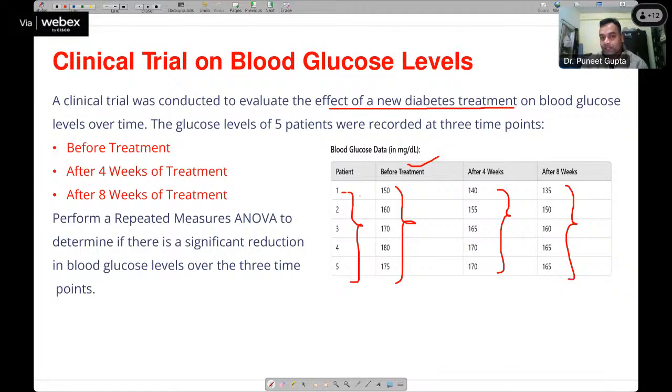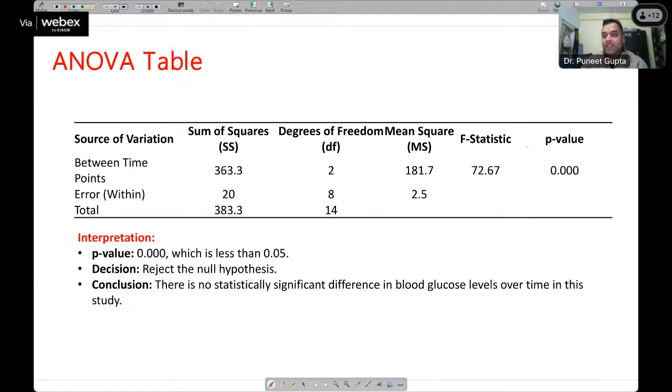Since the patient is the same and data is taken 3 times from the same patient, this is paired data. It is compulsory that the number of observations in each group should be the same, right? Again, the concept and formatting are the same, only the calculation and the formula change.